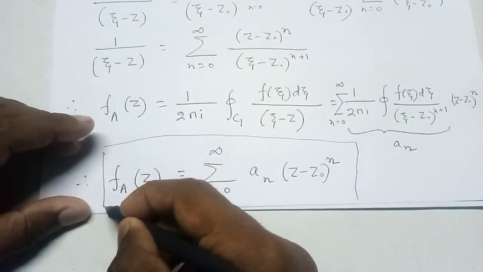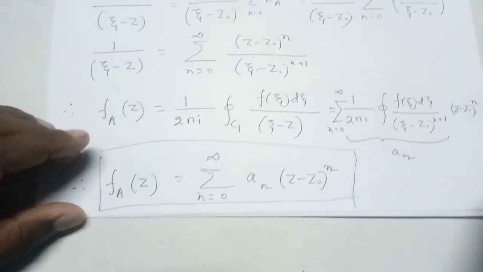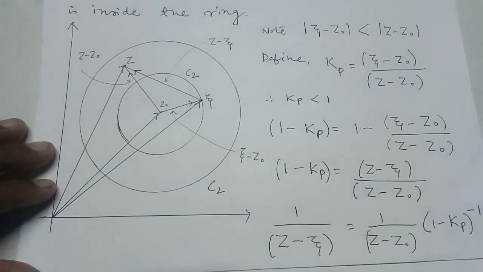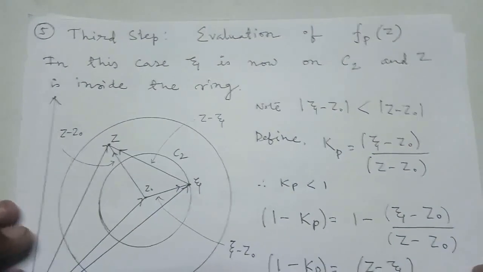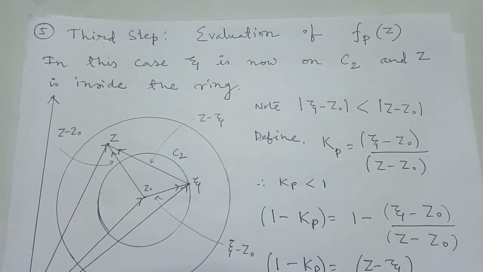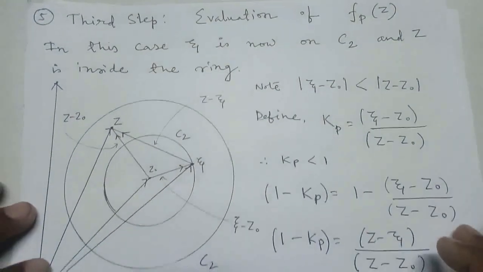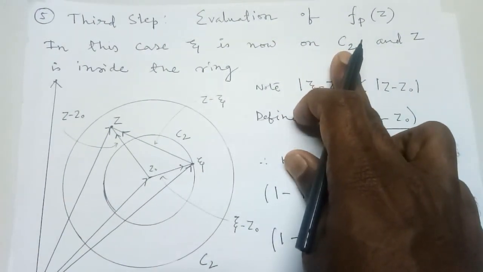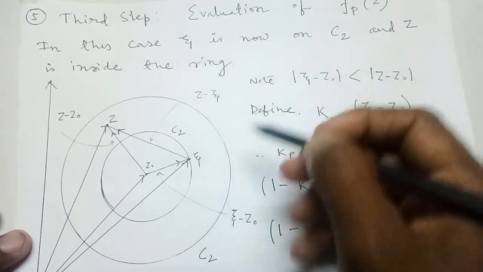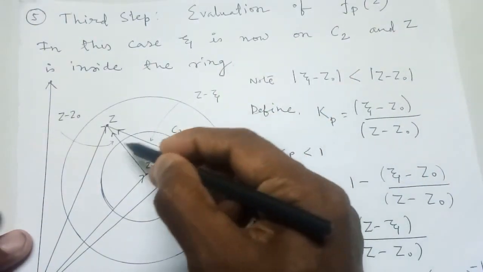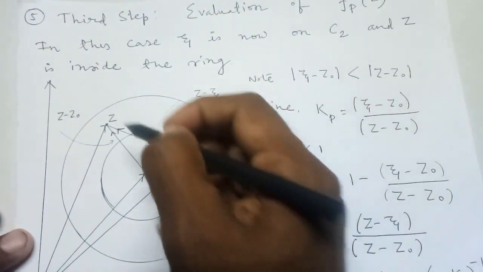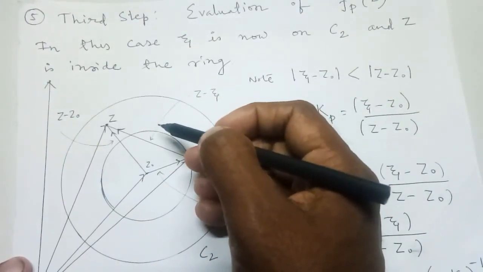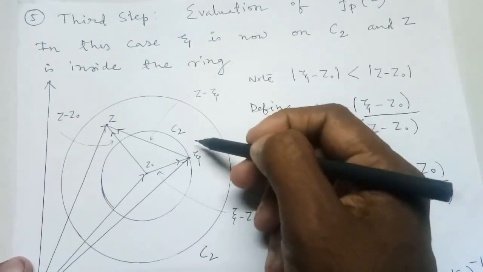Now we have to develop the expression of the principal part fp(z). Since the principal part is the integration over contour C2, that's why the running variable xi will be on the contour C2, and z, as usual, will be in the region between C1 and C2.